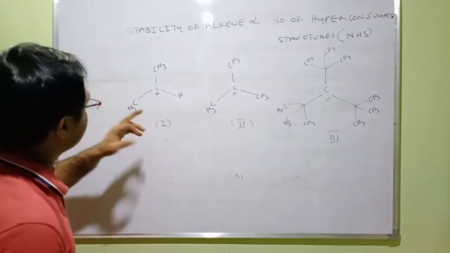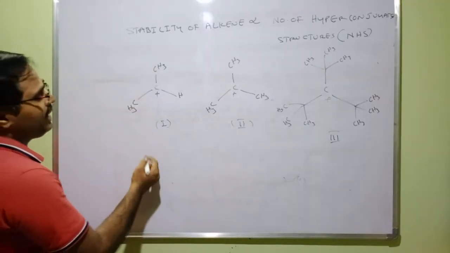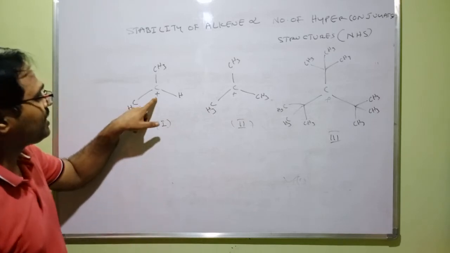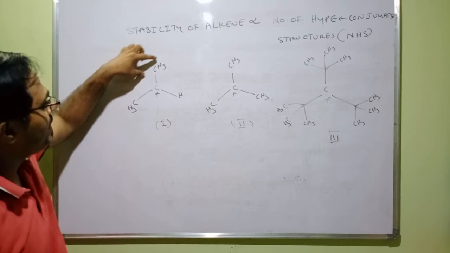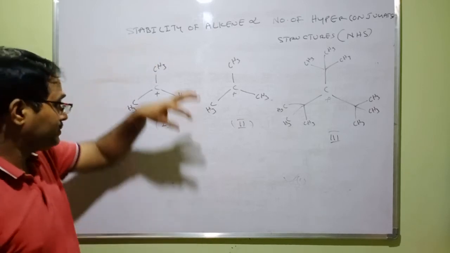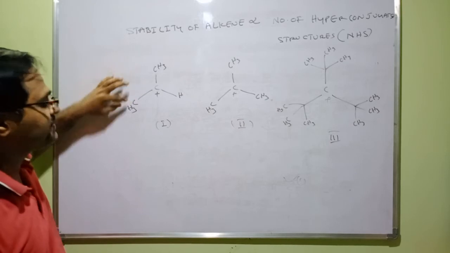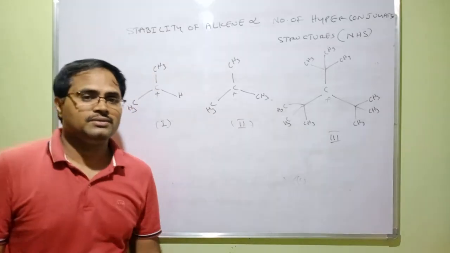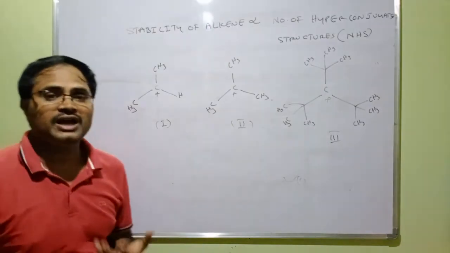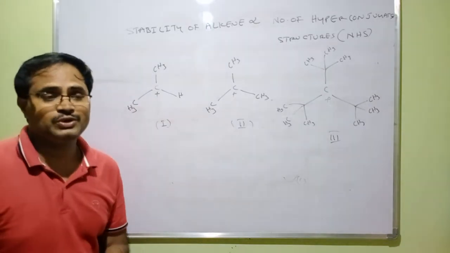Fine. So how many hyperconjugated structures? The sp2 carbon is there. At the sp2 carbon you have 2 CH3 groups. This is an alpha carbon, sp3 carbon, this is also an alpha carbon, sp3 carbon, and both carbons undergo hyperconjugation because they are directly attached to the sp2 carbon.